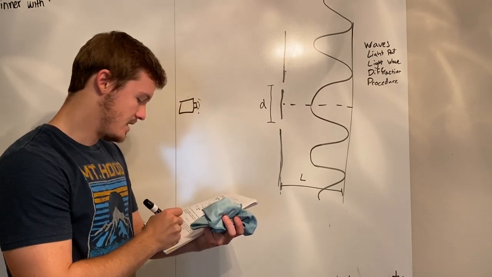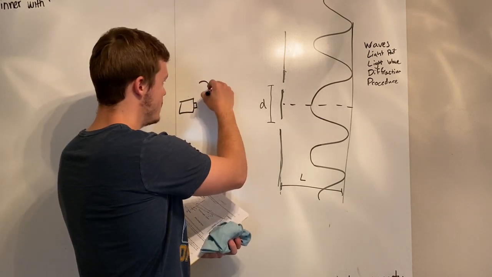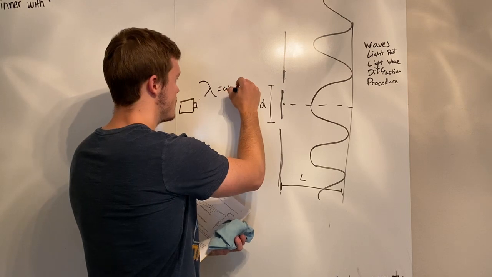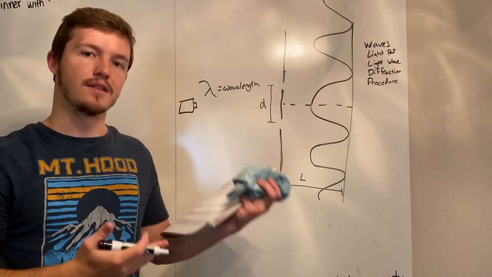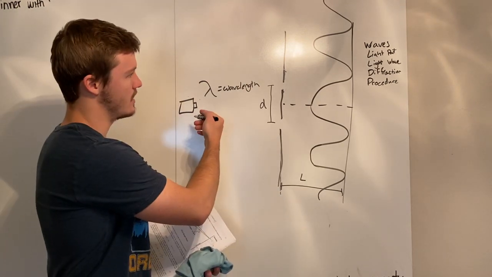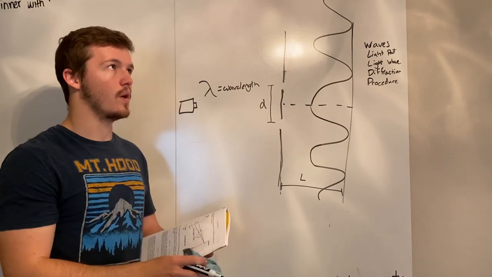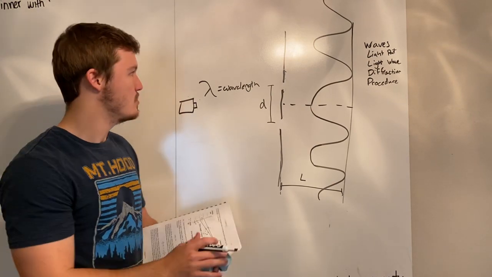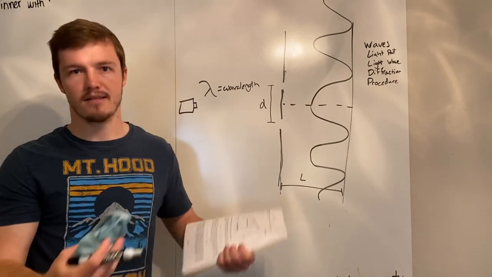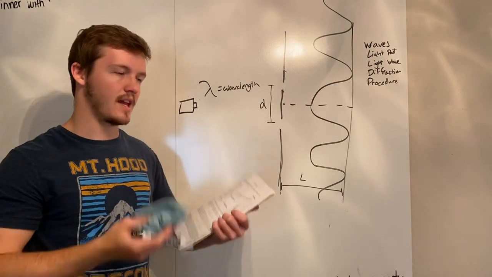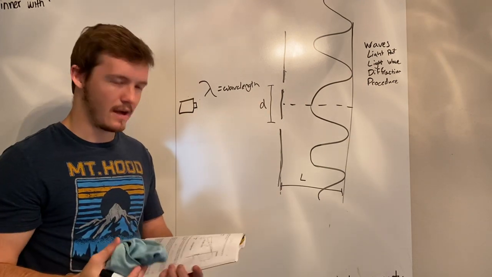And then, of course, the wavelength of the incoming light is going to be lambda. And remember, wavelength is related to the frequency of the light, and it's synonymous with color. The color is a less quantitative way to talk about it, but wavelength and color are tied together. So red light is 600 to 700 nanometers in wavelength. You can think about it that way if it helps.